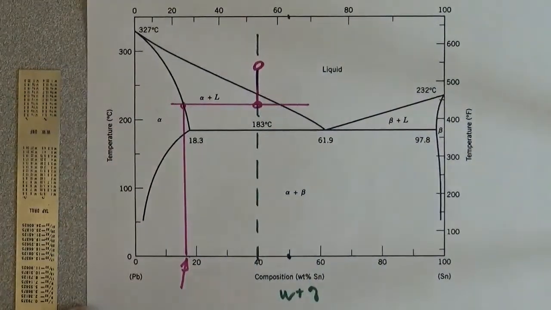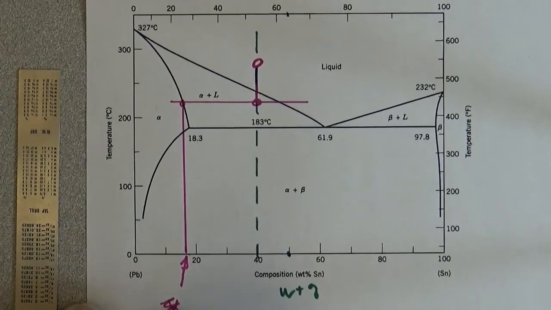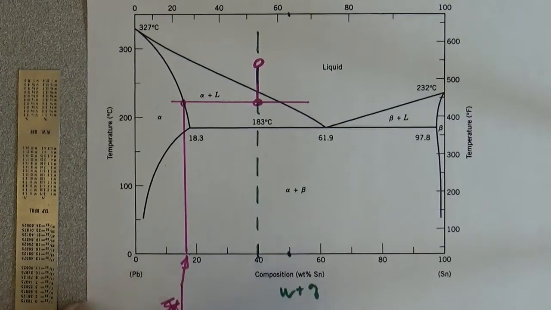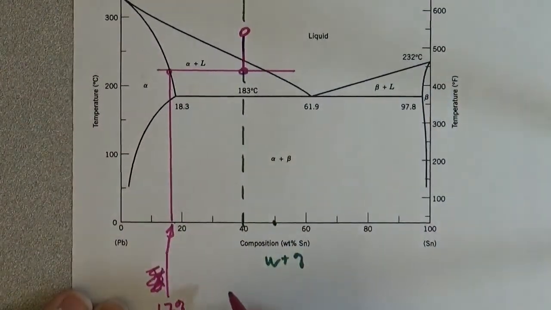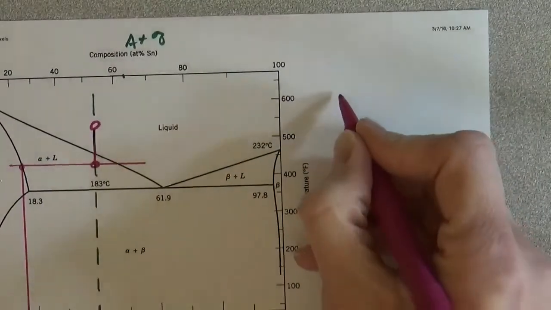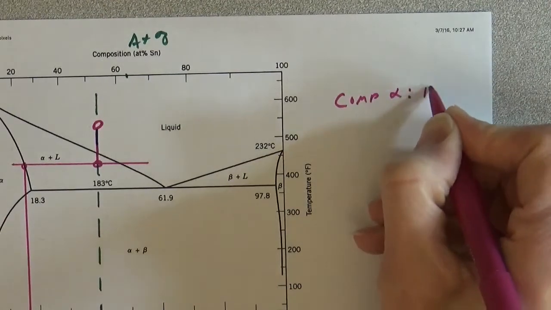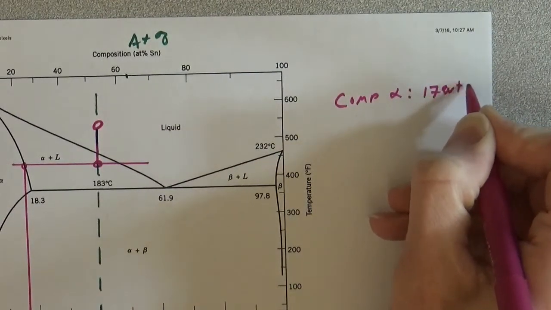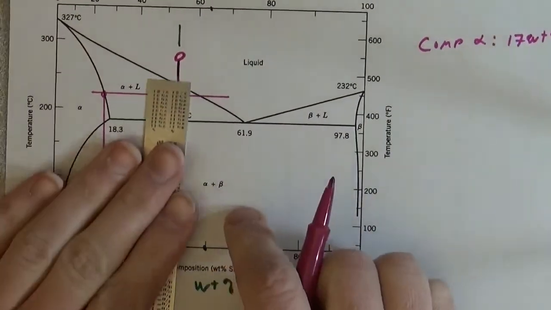That's around 17 weight%. So I'm going to write this over here: composition of alpha, 17 weight%.